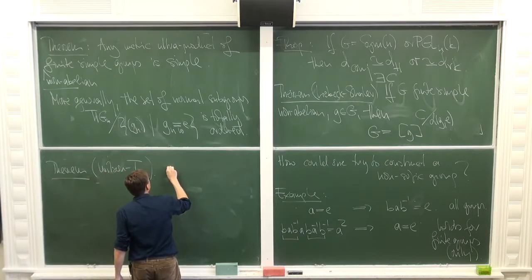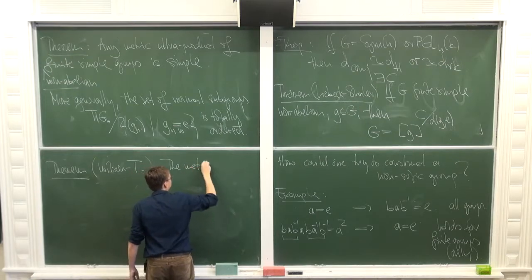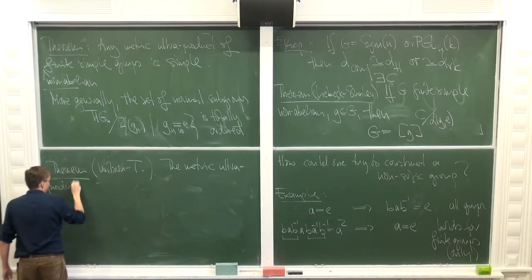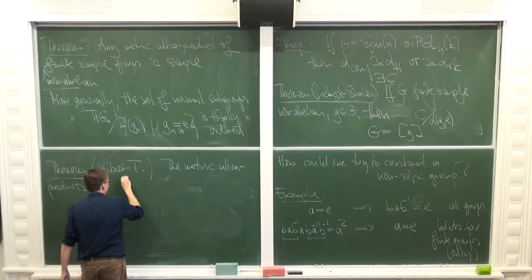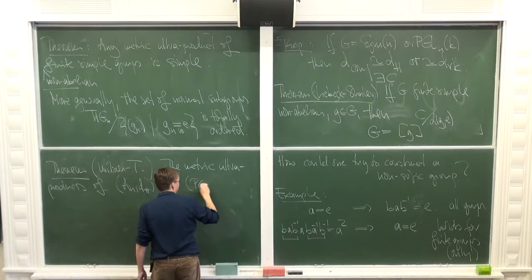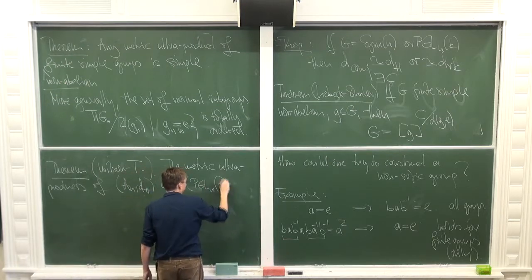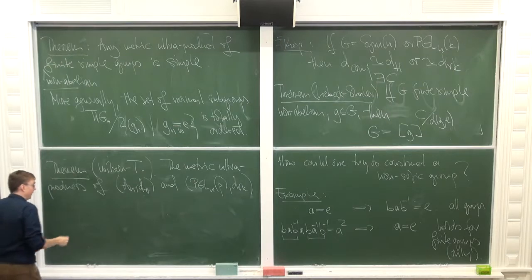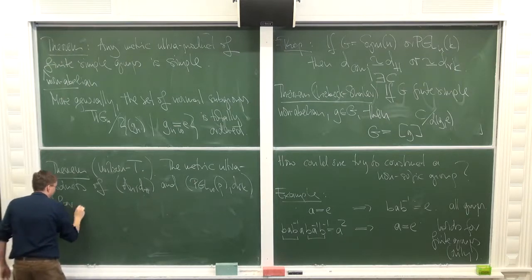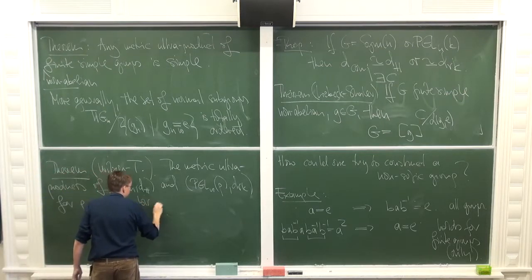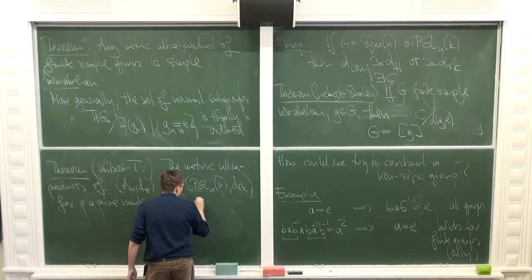The metric ultraproducts of A_n with respect to the Hamming distance and PGL_n over some prime p with respect to the rank distance, for p a prime number, are not isomorphic.